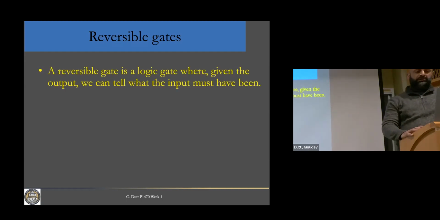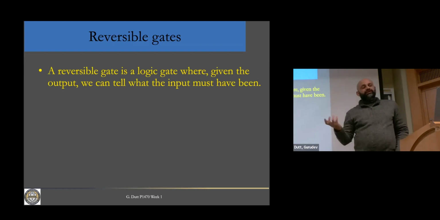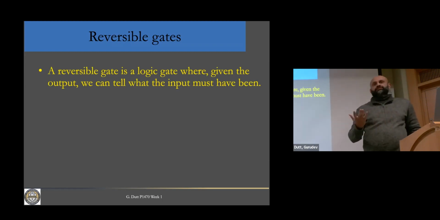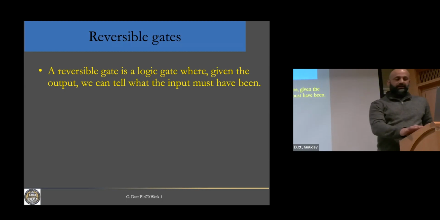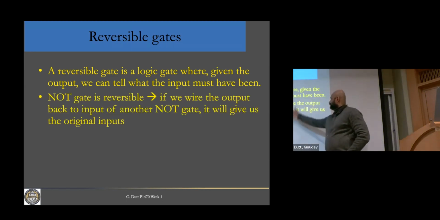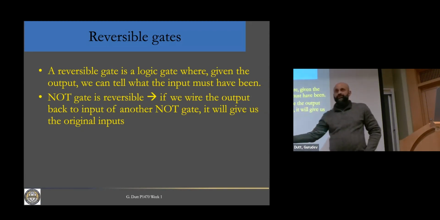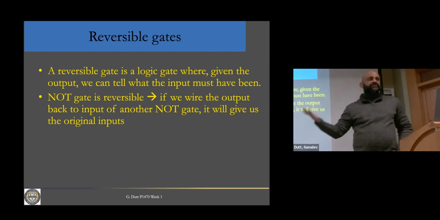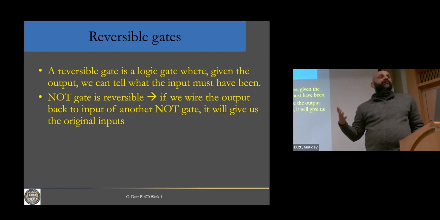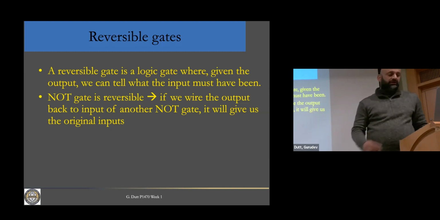A reversible gate, as the definition implies, is one where, given the output, we can tell what the input must have been. A NOT gate, for example, is reversible, and we can see that by taking the output of the NOT gate and wiring it to the input of another NOT gate, which gives us back the original input. So for every operation, if there exists some gate circuit that we can use to undo the operation, then we say that gate is reversible.